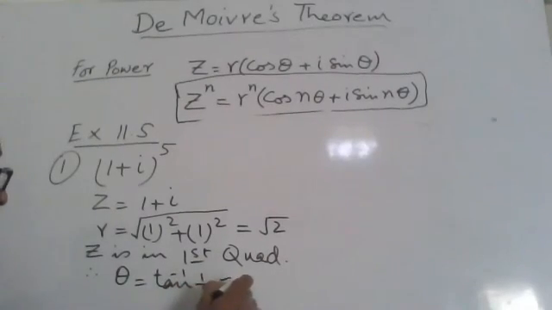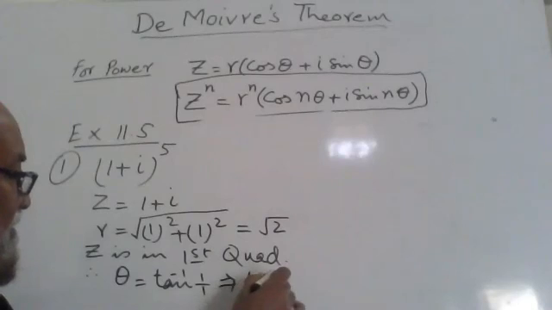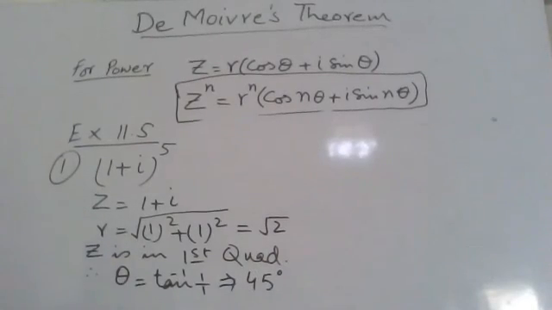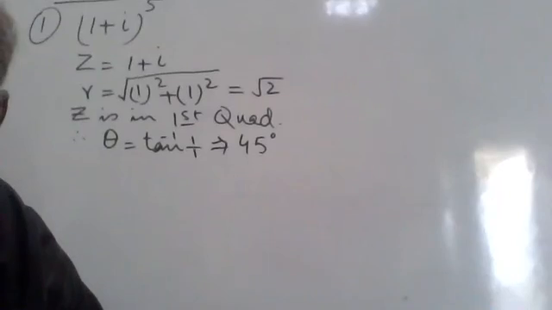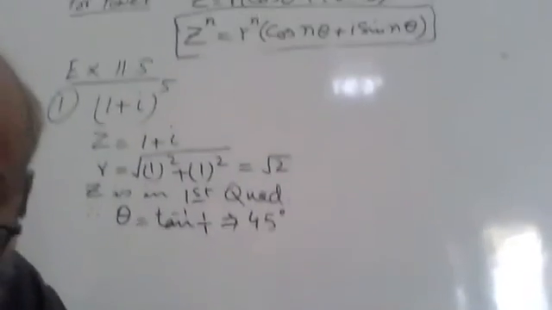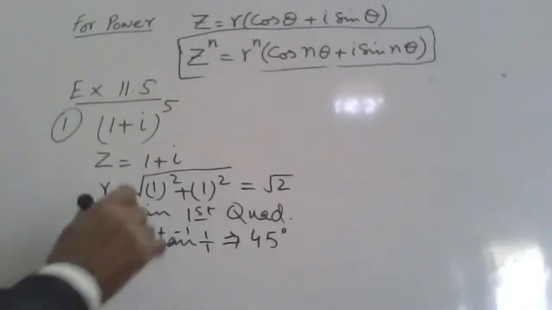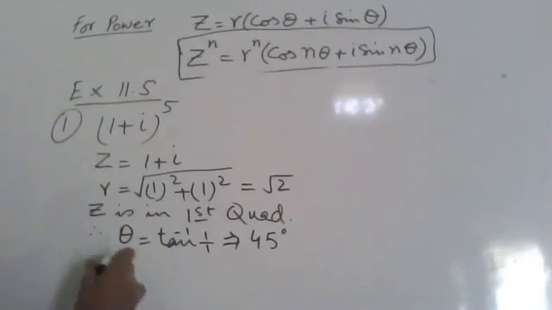So tan inverse 1 will be equal to 45 degree. So theta is equal to 45 degree. So we will find now the polar form.